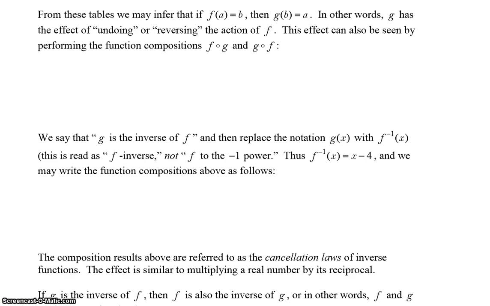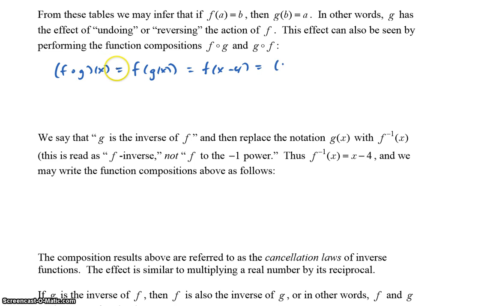So let's do the composition f composed with g for a general x. F composed with g of x is defined as f of g of x, working from the inside out. g of x is x minus 4.